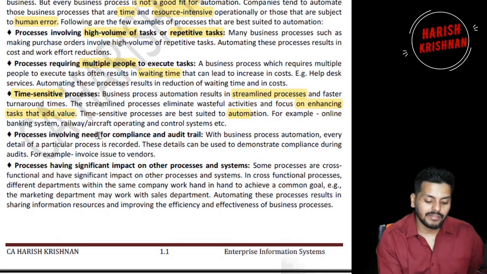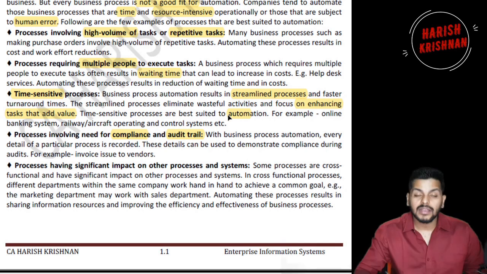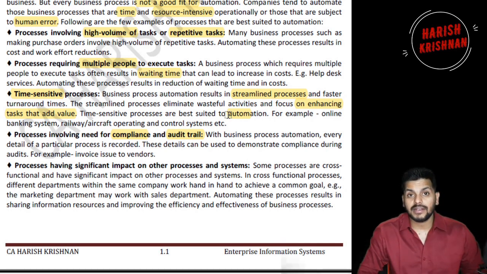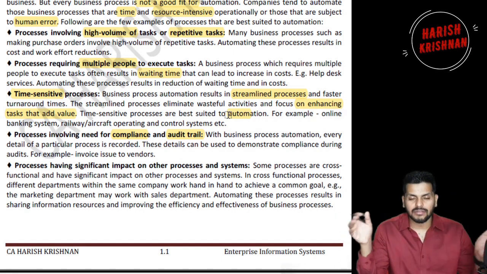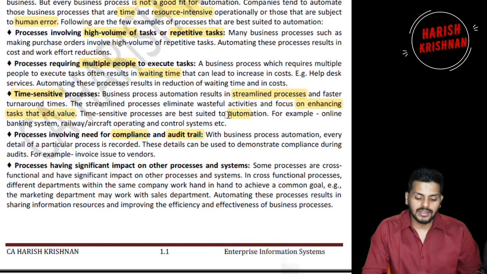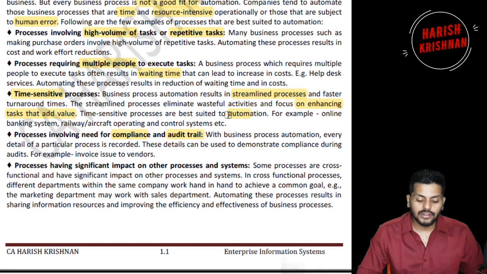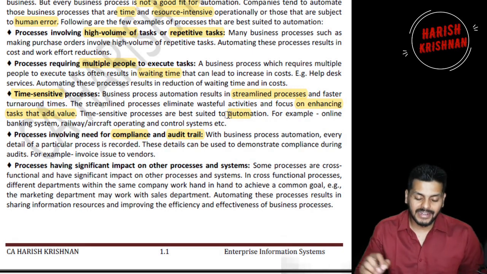Processes involving the need for compliance and an audit trail. I hope all of you know what an audit trail is. That is nothing but tracing a transaction from beginning to end, from start to end of a process. If you are tracing a transaction, then that is called an audit trail. Those of you who don't know can write it down there. Audit trail is nothing but tracing a transaction from beginning to end.